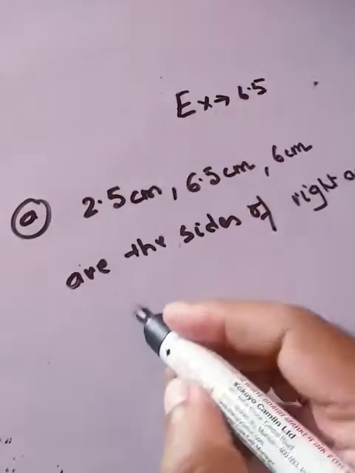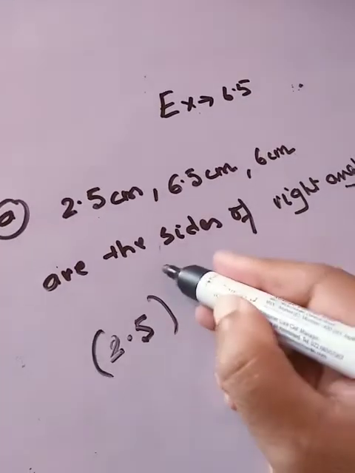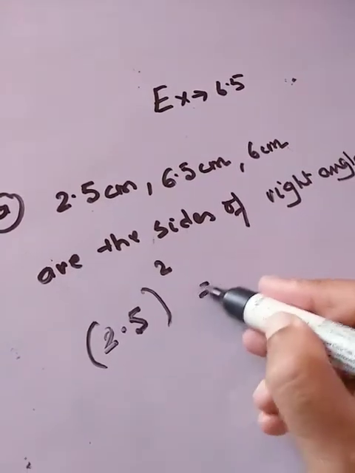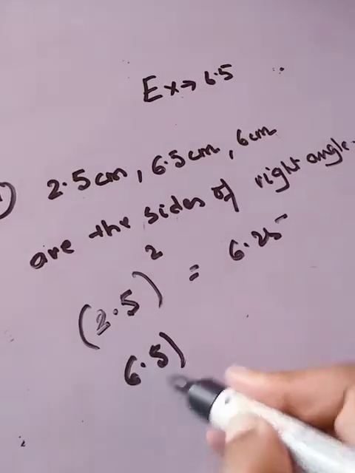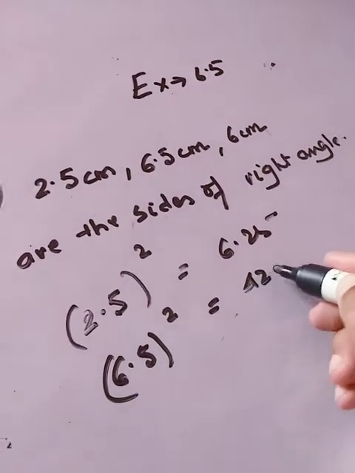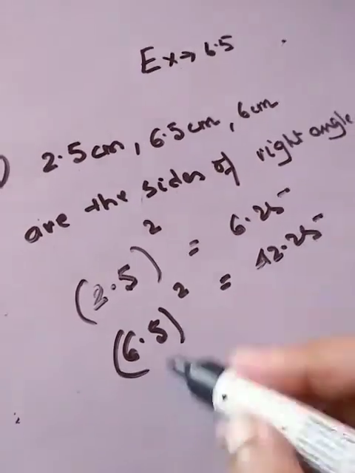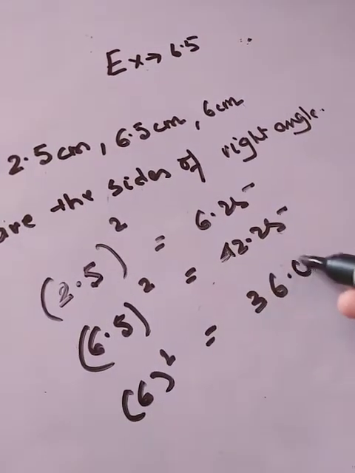Okay, for that the first thing that you have to do is find the square of each side. That is 2.5 squared would be 6.25. Now what is the square of 6.5? It will be 42.25. And what is the square of 6? This would be 36.